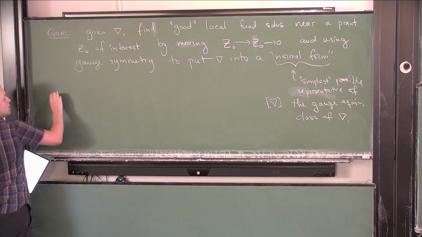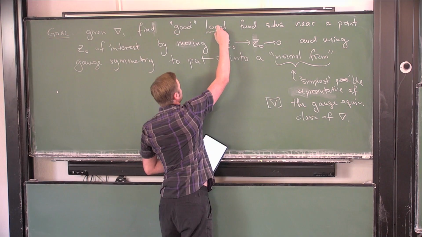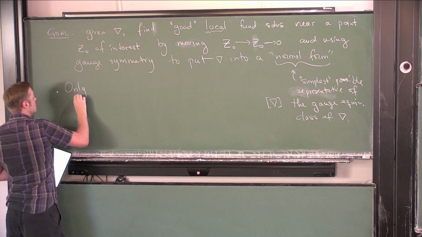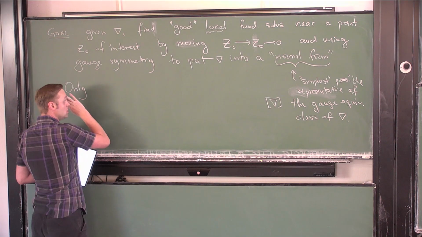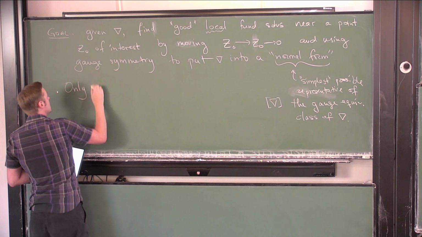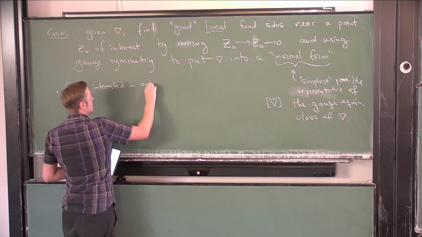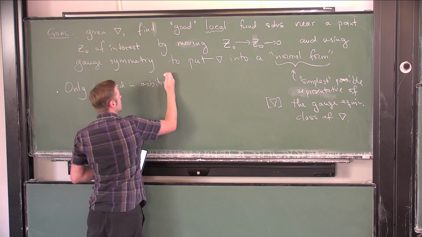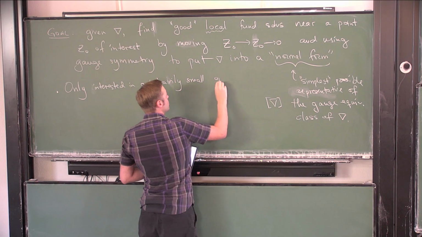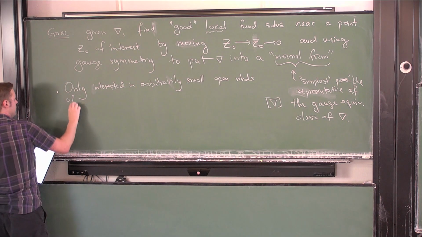And so one more remark is that because I'm only interested in local fundamental solutions, we're only interested in arbitrarily small local neighborhoods of this special point z0. So only interested in arbitrarily small open neighborhoods of z0.